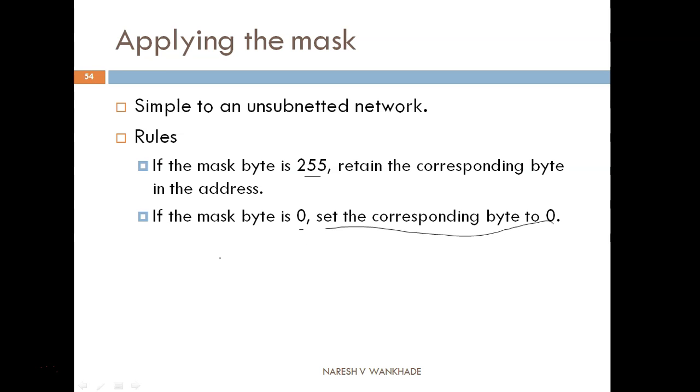If the byte is 255, means having value 1, in that case the corresponding value in the address is written, and if the bit, that is mask, is 0, in that case 0 is written.